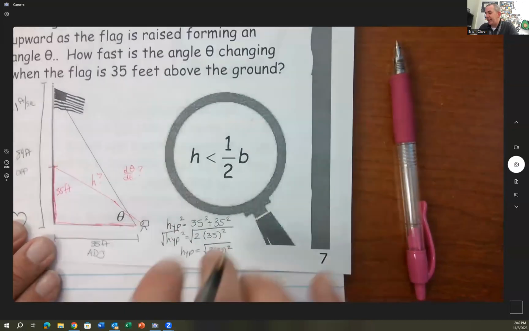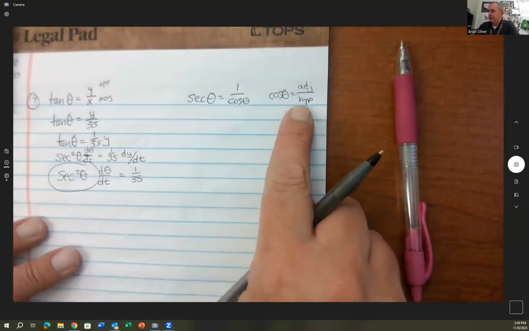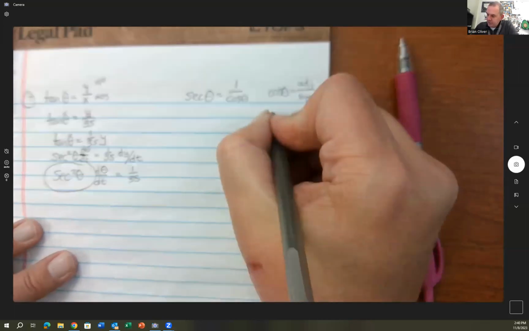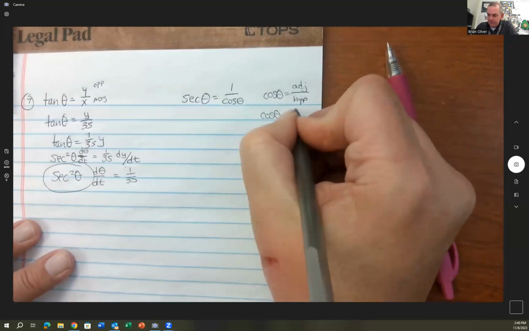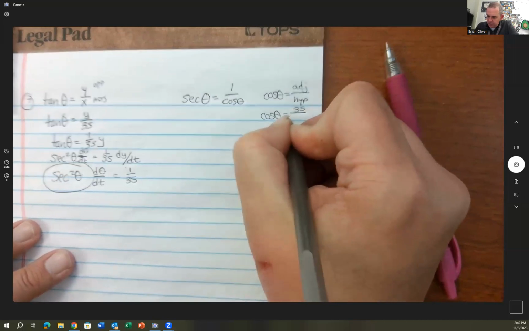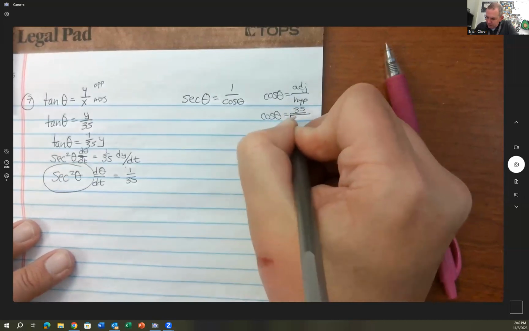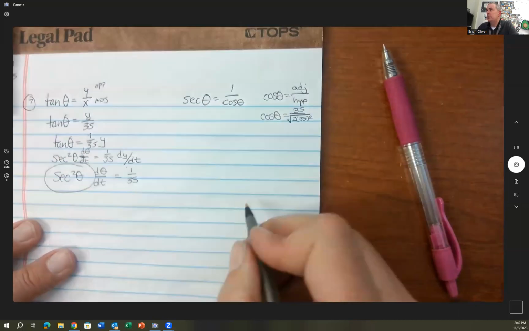That's one way. Now that I have the hypotenuse, I can substitute in here, and say cosine of theta is equal to adjacent, which is 35, over the hypotenuse, which is the square root of 2 times 35 squared.